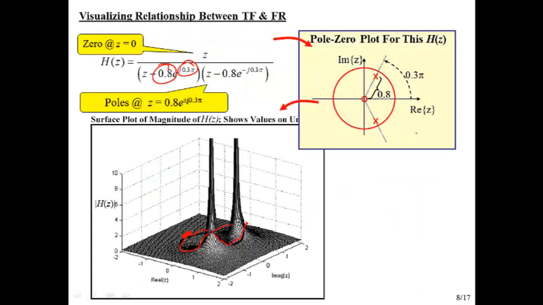So you can play around with trying to guess, okay, if I put a pole here, what's this thing going to look like? And then you can also play around with the numerator and put different zeros in. You can put a 0 here, maybe put a 0 here and here, and play around to see what those things do. So that's good practice to learn how to visualize that.